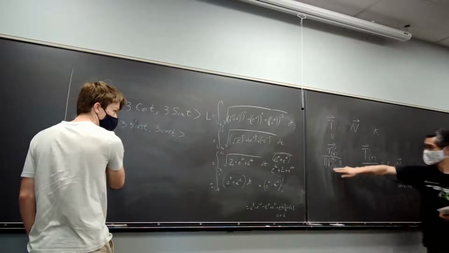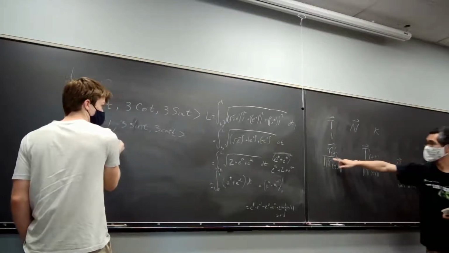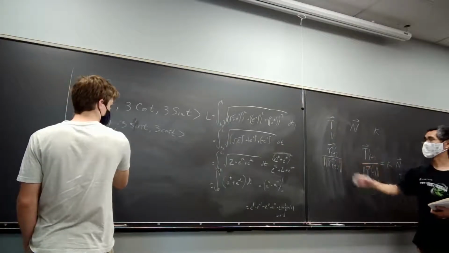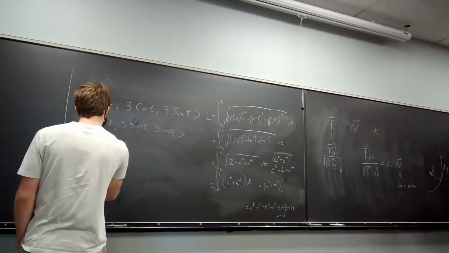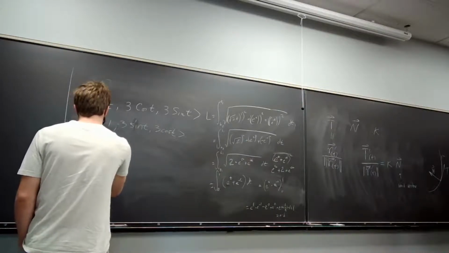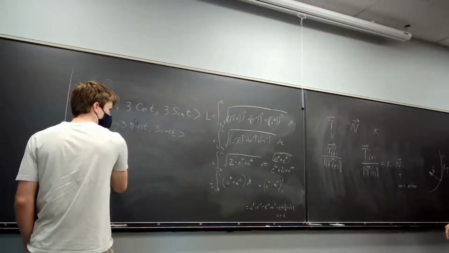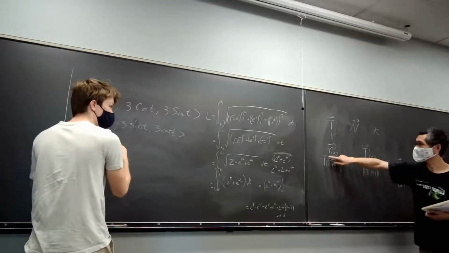Just find this first. Just write down what is the r prime norm squared, and then the r prime norm. Just write down the norm of r prime.